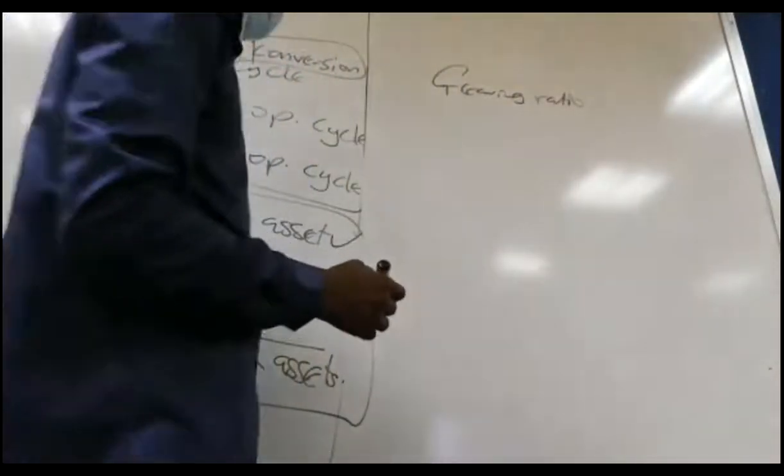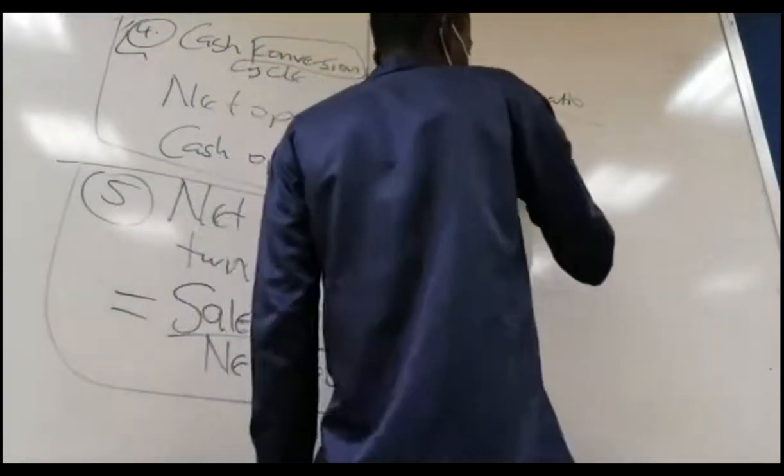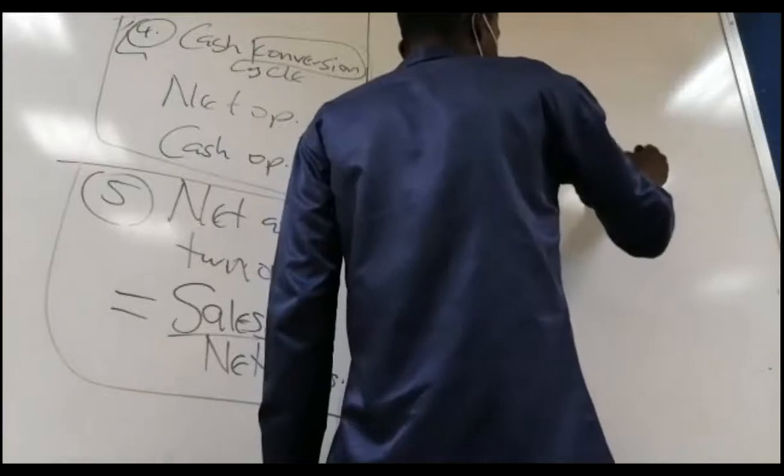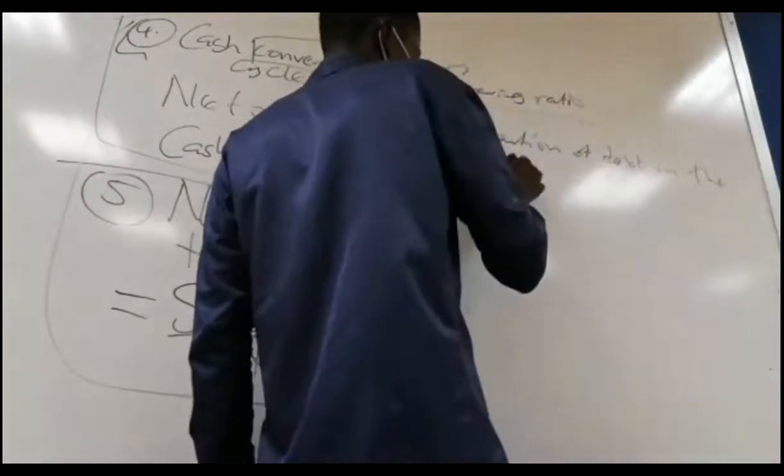Gearing ratio. So number one, it measures what? The proportion of debt in the capital structure.